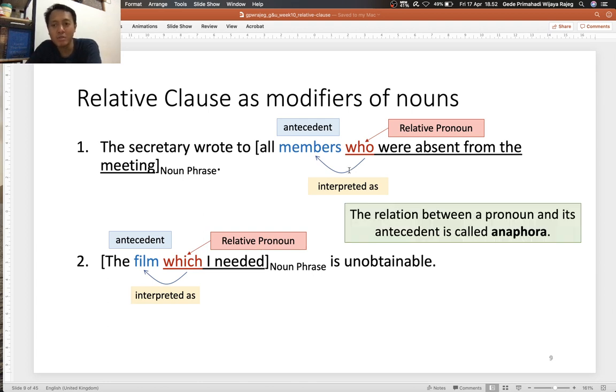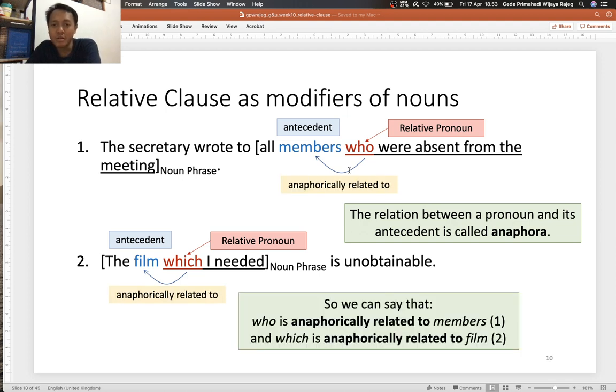And the relation between these relative pronouns and their antecedents, the ones that these pronouns refer to, is called anaphora. So the relative pronoun can be said to be anaphorically related to the head noun or the antecedent, such as who is anaphorically related to members and which is anaphorically related to film.